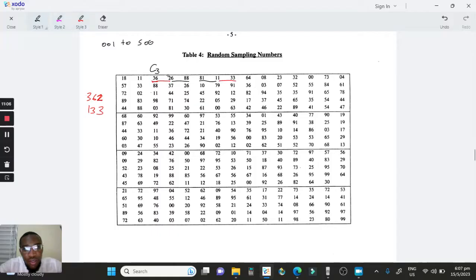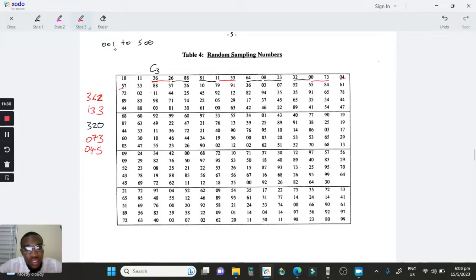The next number, 640, can't help. 823 can't help. Now 320 definitely works. The next number that works is 073. And finally, the last number that works is 045. These are the 5 numbers.